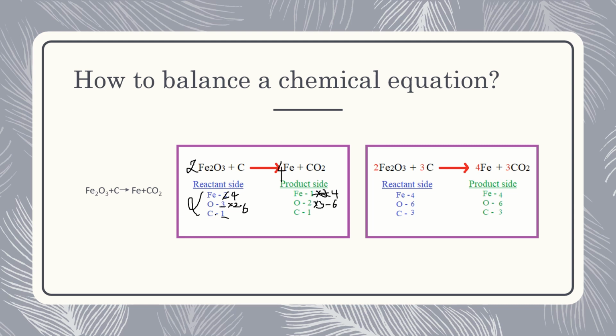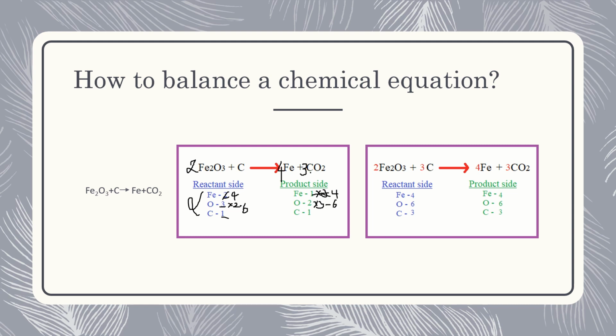Then carbon is 1 and 1, so it is already balanced. But as we have O2 here, it is 2 into 3, so here also we need to balance the oxygen. Only on the reactant side we have balanced now, and now we need to balance on the product side. In order to get 6 on the product side, we need to multiply CO2 by 3. So the whole thing will be multiplied by 3.